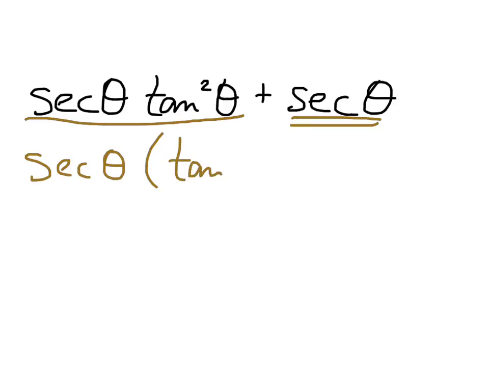If I take a secant out using my factoring techniques, what would I have left? The tangent squared theta plus, if I have a secant and I take a secant out, what do I have to have there to hold the spot? A 1. Good. Now, looking at the things I gave you on Friday, is there one that has the tangent squared theta plus 1?